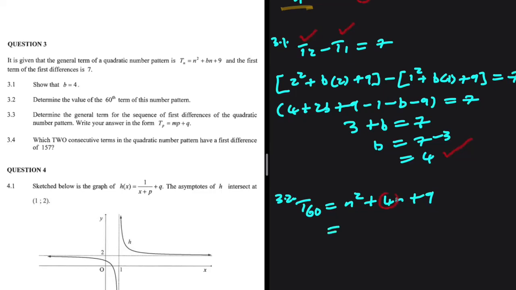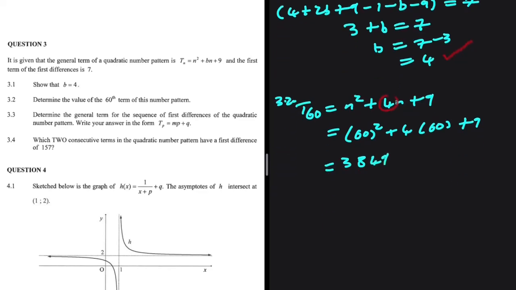So T60 will be equal to 60 squared plus 4 multiplied by 60 plus 9. Now it's just a matter of putting that in your calculator. You should get 3,849 as the value of the 60th term. That is 3.2. Let's take a look at 3.3.